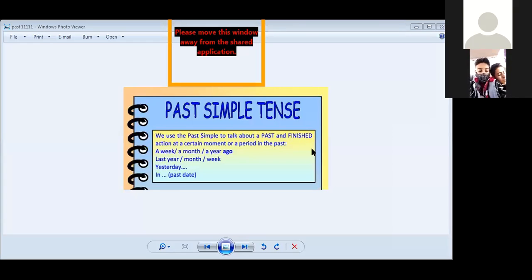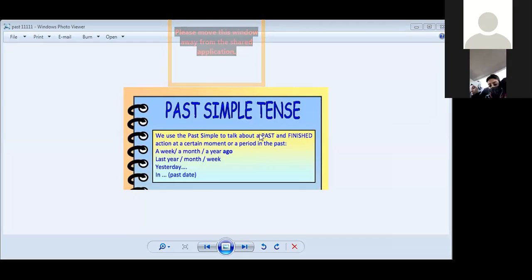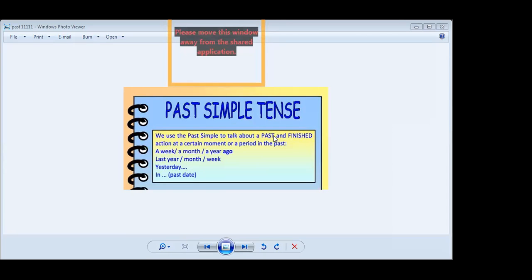We use simple past to talk about actions, activities, anything that happened in a certain moment in the past, okay, student?